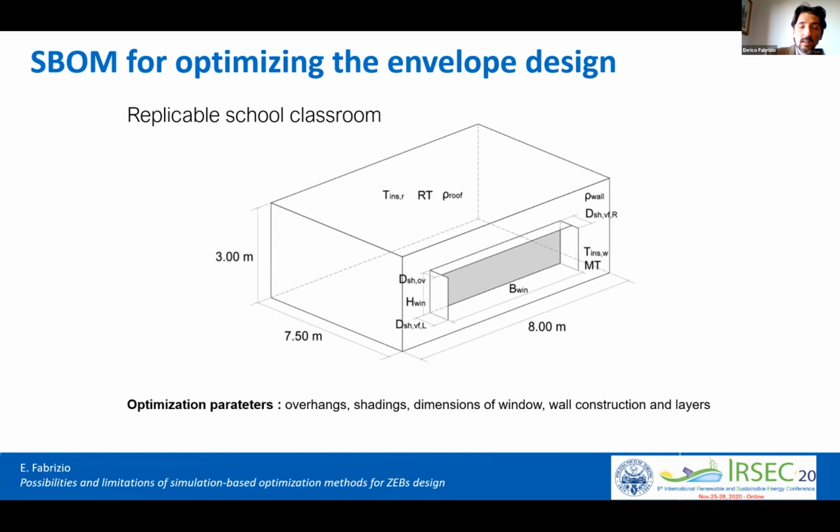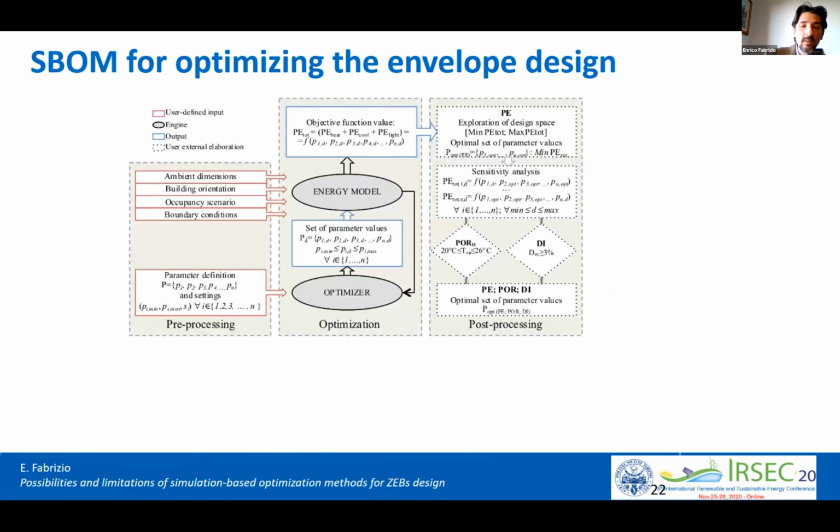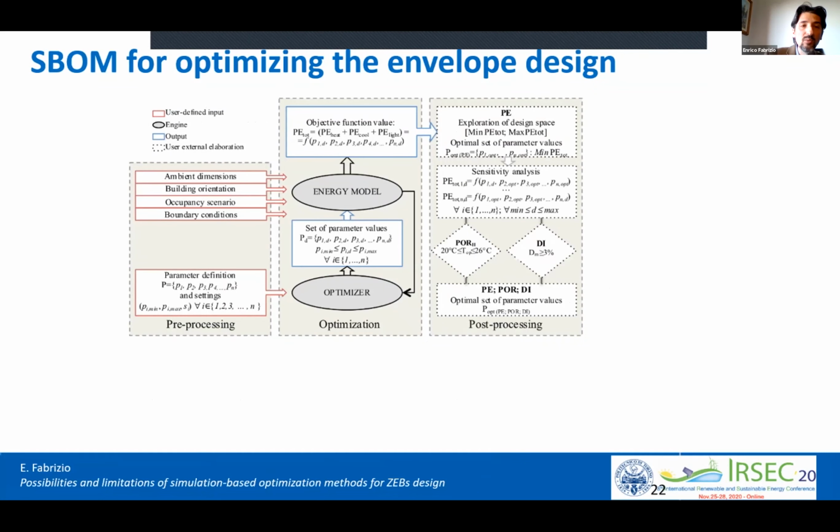What can we obtain? We have to set out the optimization problem like that. So we have to pre-process all the input data, and not only the boundary conditions, but especially to size and define the optimization input parameters and the various settings.